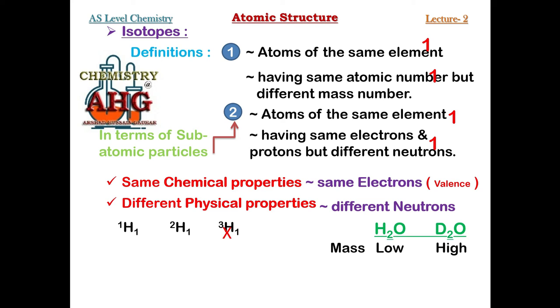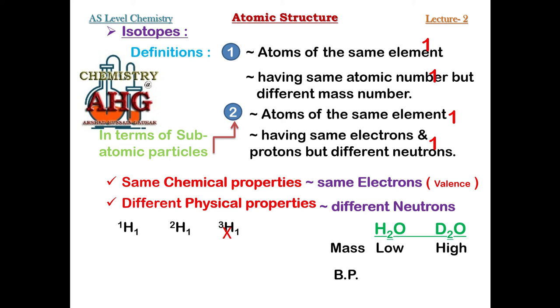Another physical property you can remember for these two types of water is boiling point. If you have one beaker containing normal water and another beaker containing heavy water, and you start heating them, which water would be difficult to boil off? Obviously heavy water, since its mass is greater, so it would have greater pull from the center of the earth.